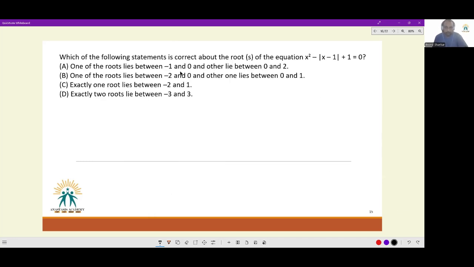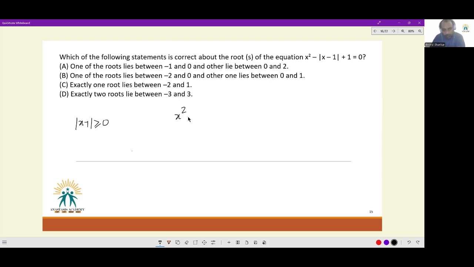Which of the following statements is correct about the roots of the equation x square minus mod of x minus 1 plus 1 is equal to 0? We have to take two cases. One when x minus 1 is greater than or equal to 0, it will come out as is.